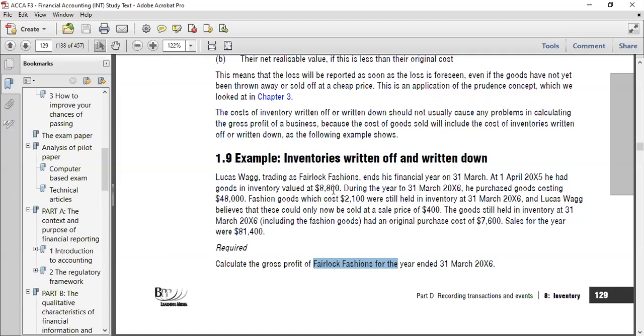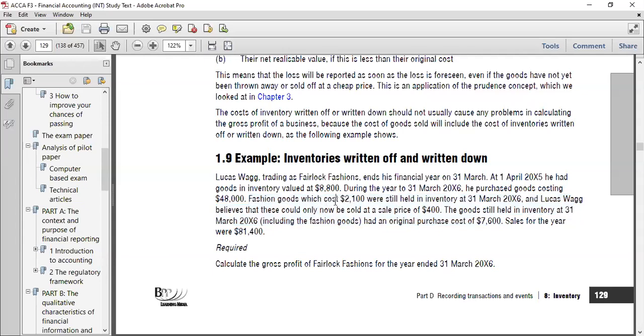Okay, like for example, they are telling us right here that he had inventory. This was his opening inventory, so we know where to use this opening inventory. And then we also know the purchases which they have given us. So the dynamics that we now need to play with are on this inventory, which this guy thinks would actually be sold for what?